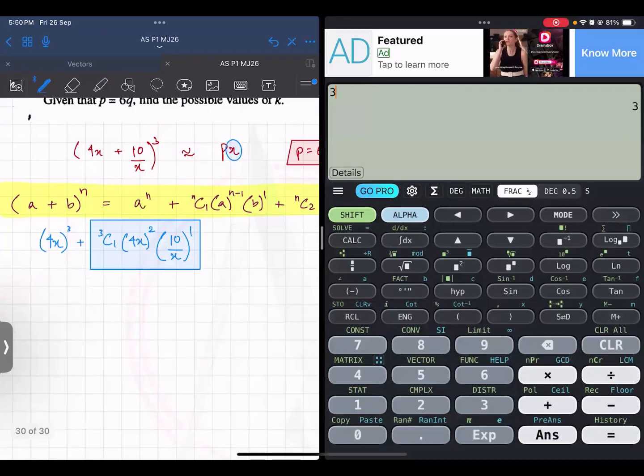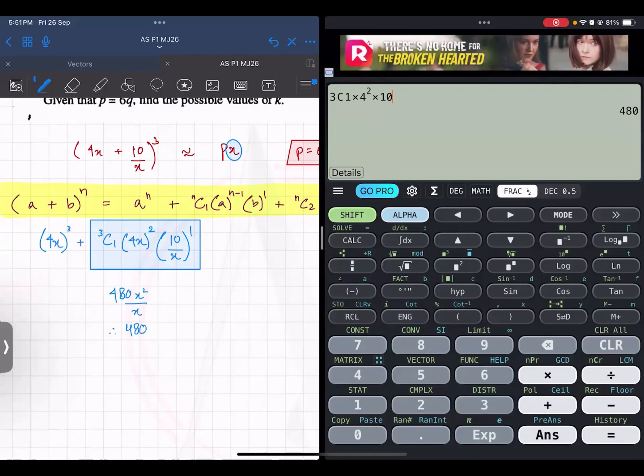So 3C1 multiplied by 4 square multiplied by 10. So you are getting 480 x square upon x, which will be 480x. So this means that your p is 480. You got the answer for p.